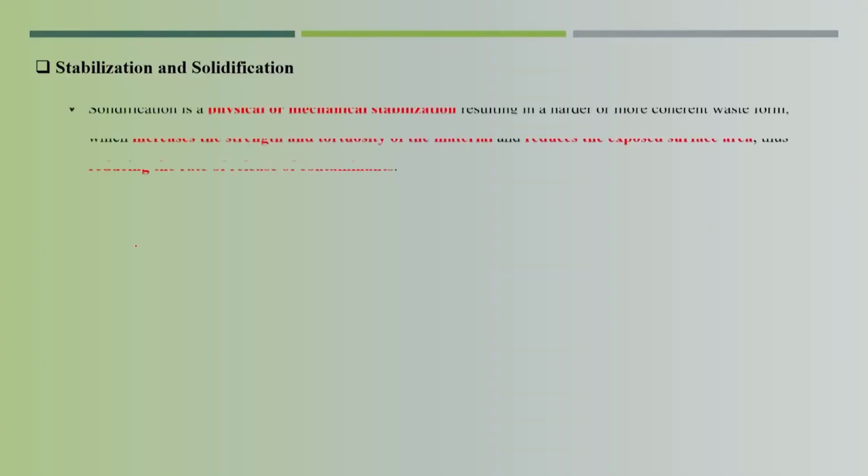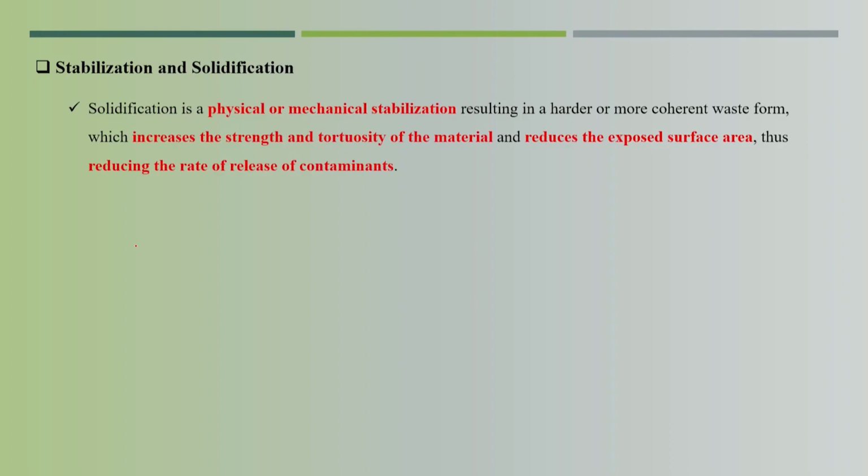Next is stabilization and solidification. Solidification is a physical or mechanical stabilization resulting in a harder or more coherent waste form, which increases the strength and tortuosity of the material and reduces the exposed surface area, thus reducing the rate of release of contaminants.